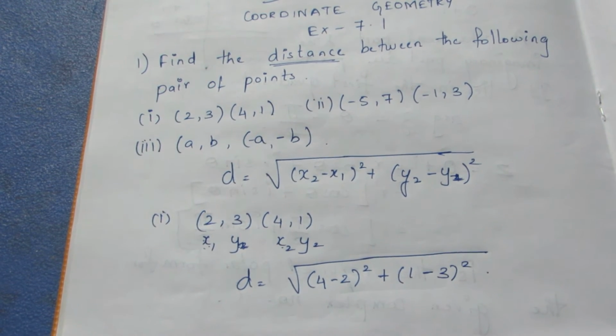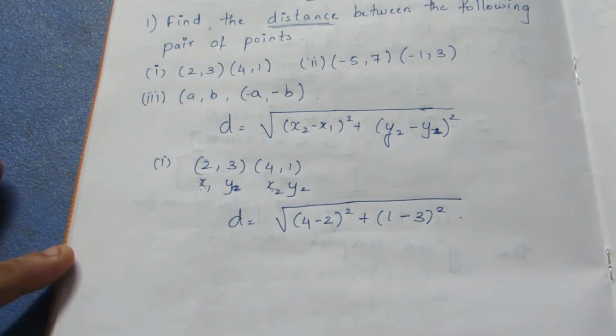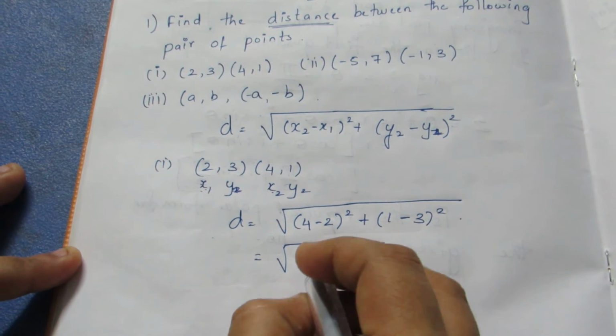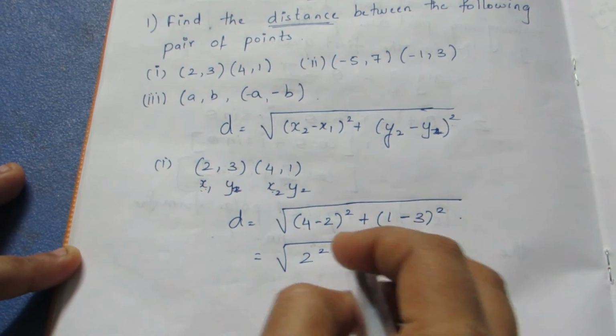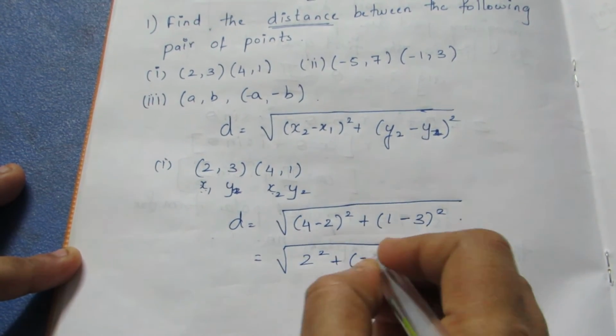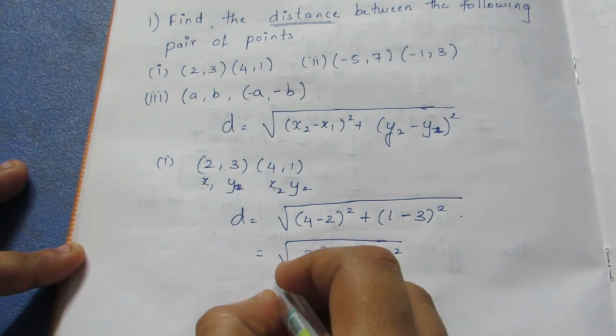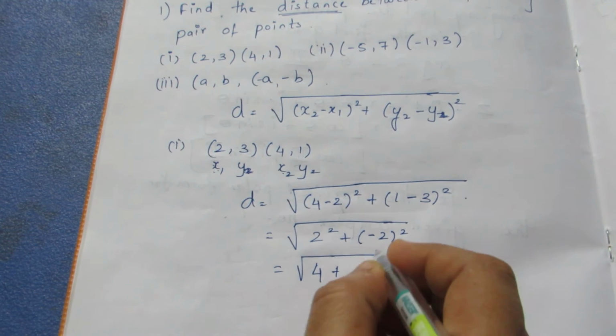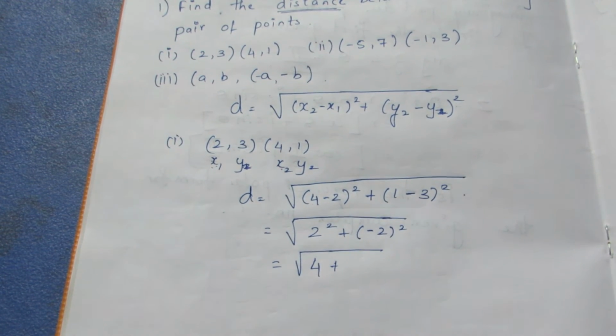Here you need to be careful with the sign. Usually you will go wrong with the sign. Now root of this becomes 4 minus 2 will become 2 square. Here it will become minus 2 the whole square. This becomes 4, 2 square is 4, plus. Leave off the minus because everything will be plus for an even power.